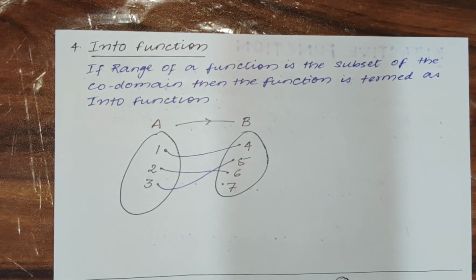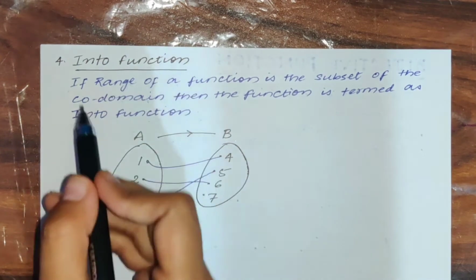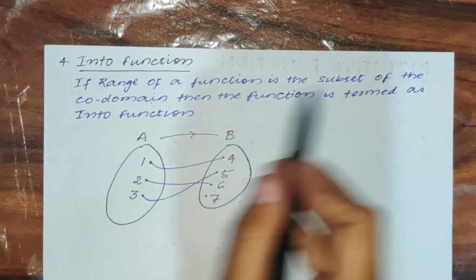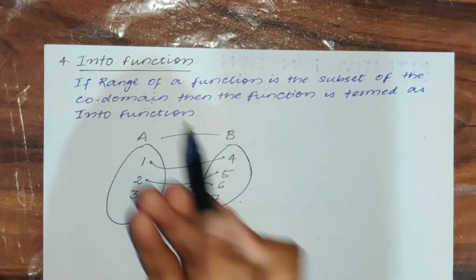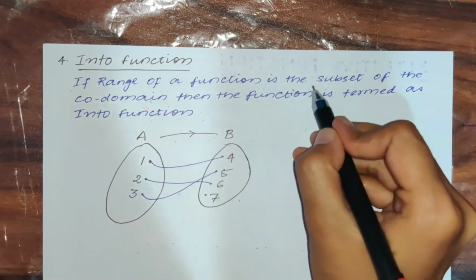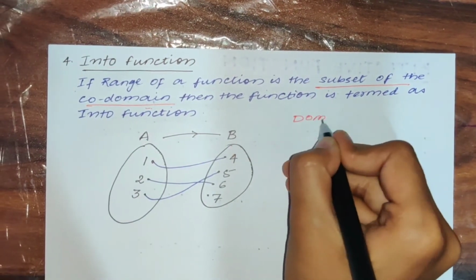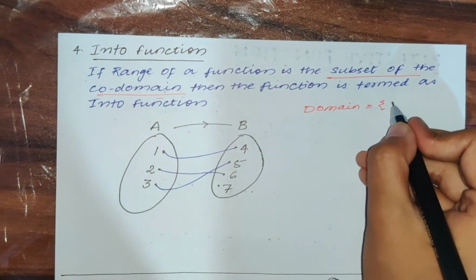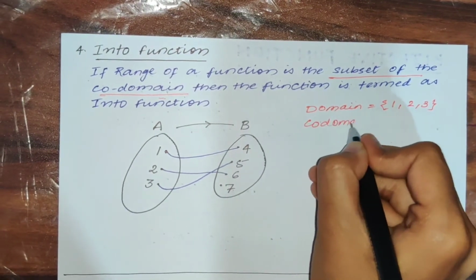Now the last function is into function. It is very simple. It is the opposite of onto function. If the range of a function is a subset of the codomain, or is not equal to the codomain, then the function is termed as into function. So the range has to be a subset of the codomain. What is the domain here? All the elements present in set A: 1, 2, 3. What is the codomain here?